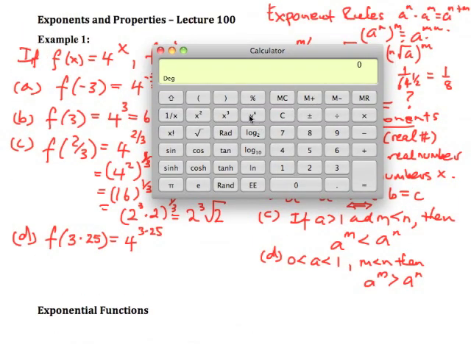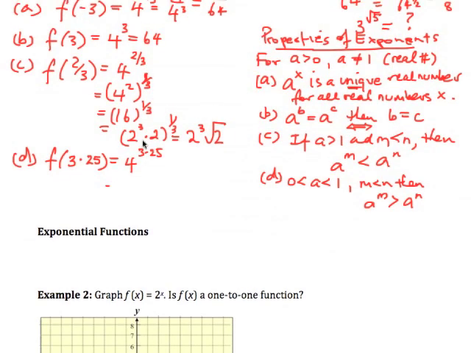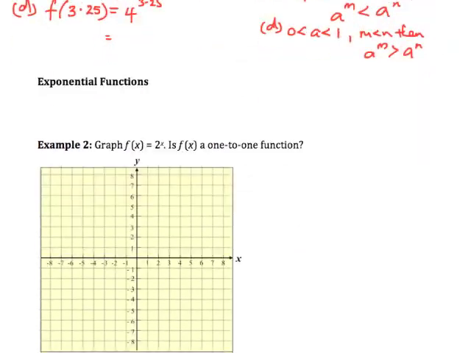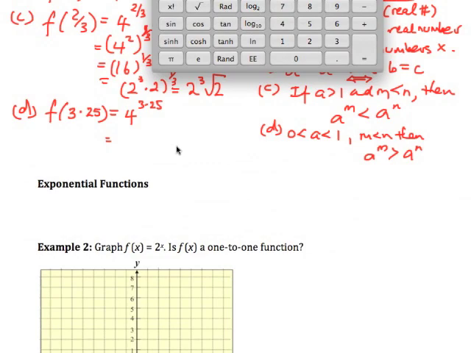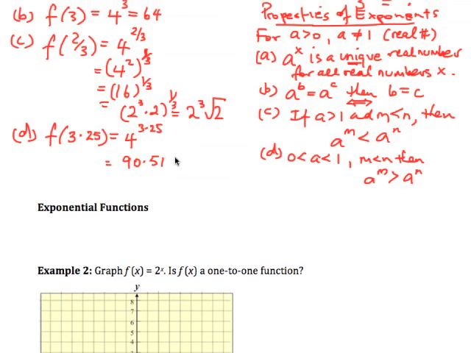Notice we have a y to the x button here, so we're going to put in 4, raise it to the power of 3.25 equals, and we end up with this being 90.51, say, to 2 decimal places.